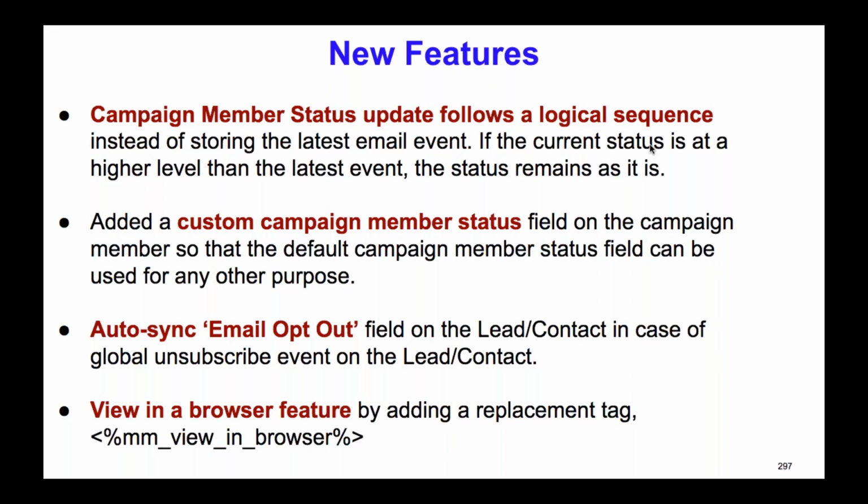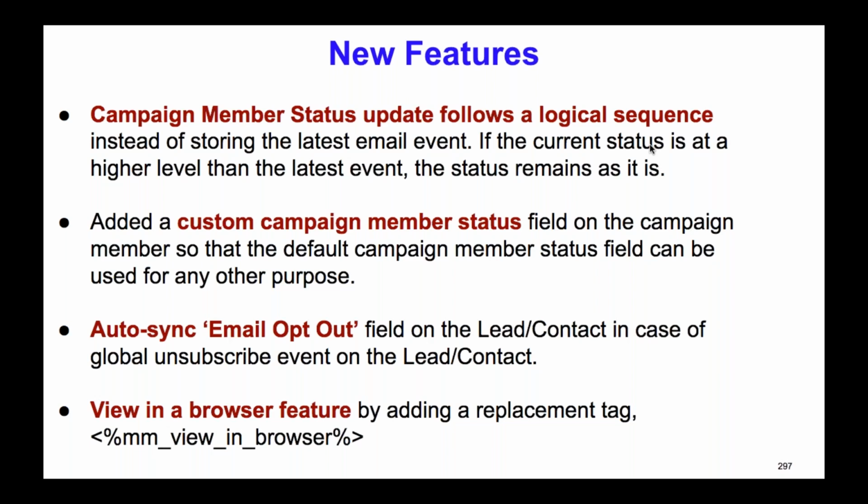But if there is any other event that has got a higher level than click, such as unsubscribe, let's say somebody unsubscribed to an email, and then you would want to know.